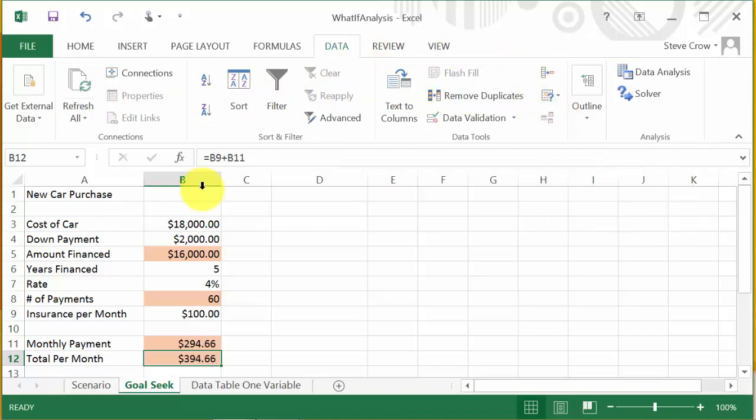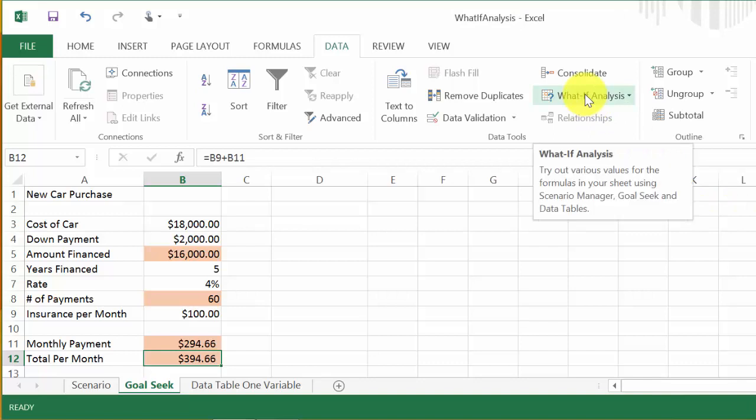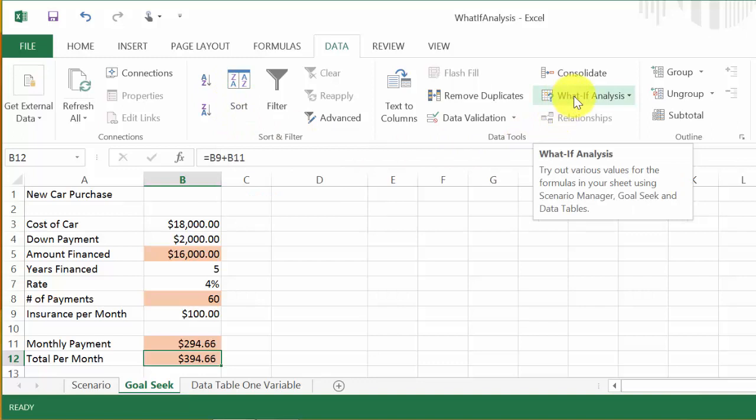That's because I have my Excel window smaller so you can see the video. You can't see me, but I'm dragging this over and you can see it pop up here, this what if analysis. Now on mine it looks like this. You may have it where it looks like a square like this or like this, but it just depends on how big your screen is.